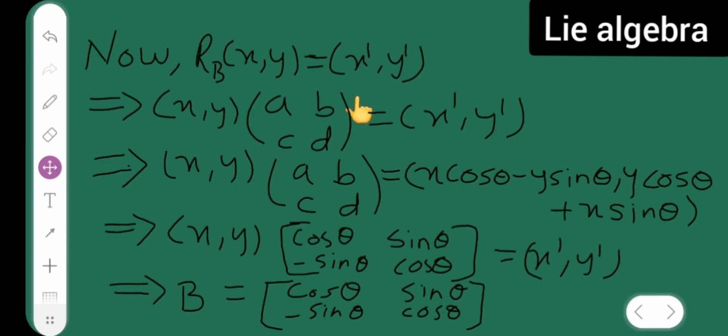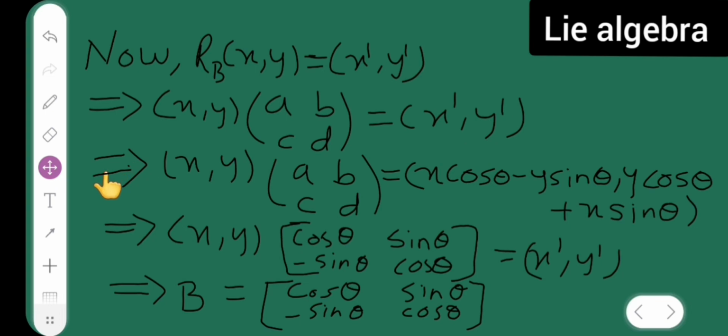Now you all have to find out what is your B, right? So now R_B of x comma y is equal to x dash comma y dash. It implies your x comma y, write it as it is. I will write my R_B as this, a b c d, is equal to x dash comma y dash.